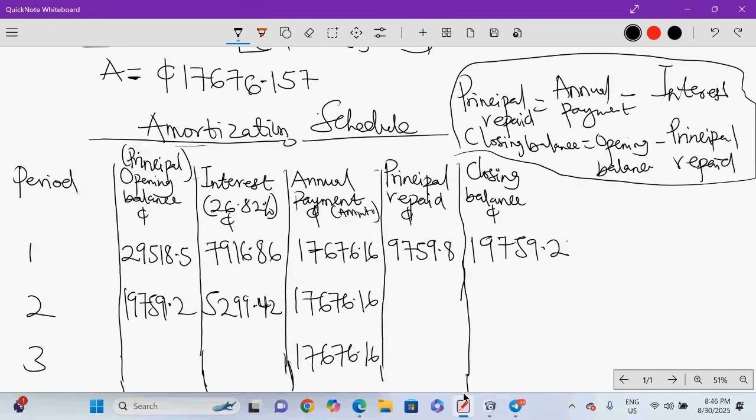All right. So how do you get a principal repaid? Get a principal repaid amount. So that's 17 minus this.